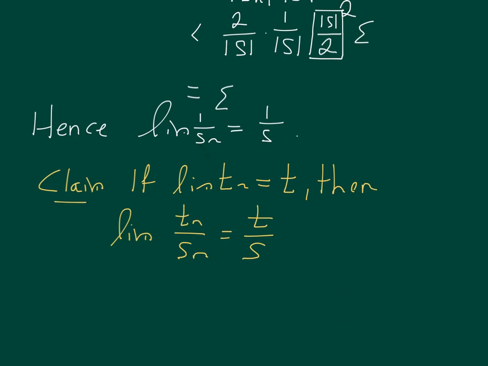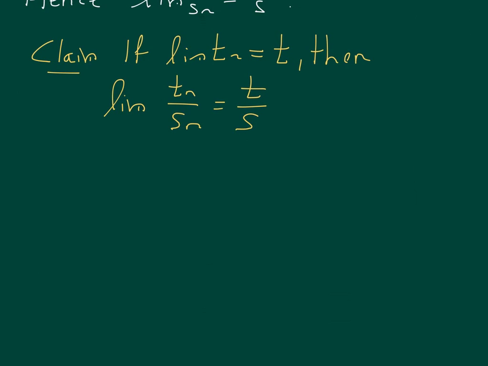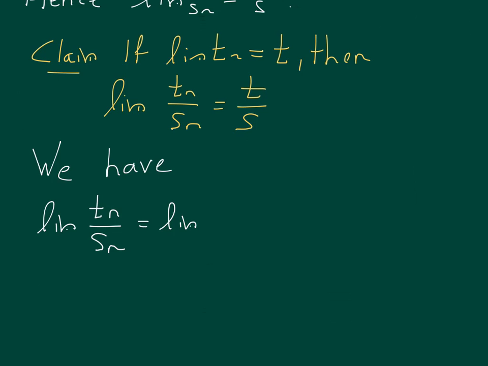Well, to see that, you don't have to work very hard now, because we can just use our earlier limit laws. So we have that the limit of t sub n over s sub n, well, we could write this limit of a quotient as the limit of the product of these two sequences, 1 over s sub n and t sub n.